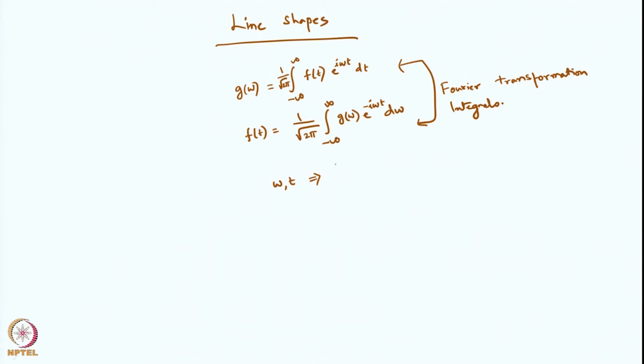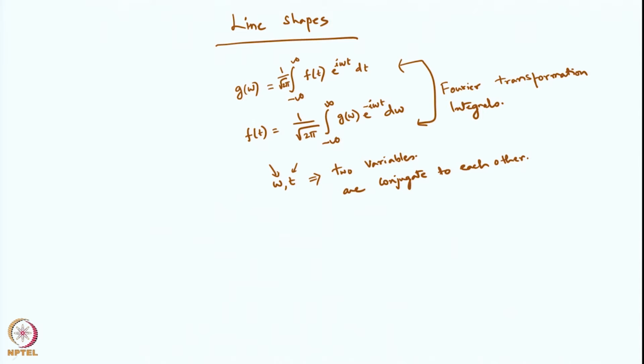You can see the two variables that I am using, omega and t. These two variables are inverse with respect to each other, or conjugate to each other. That means whatever is there in time, its inverse is frequency. So, time and frequency are conjugate with respect to each other.